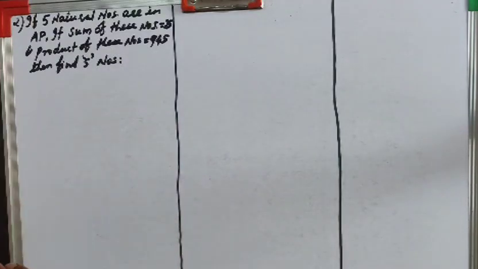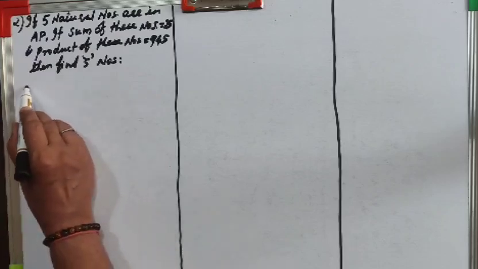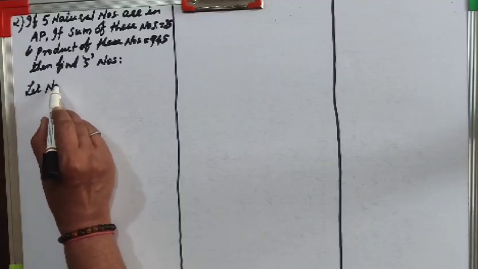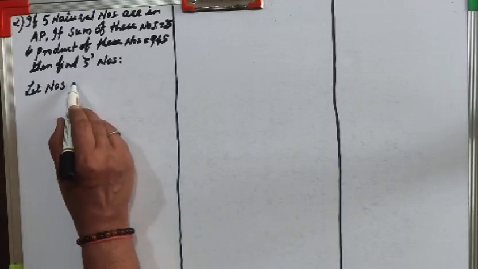Now, in order to solve this question, the first and very important step is considering a correct number. If you consider the correct number, you will be able to solve the question without any complexity, and your question will become very simple and you can easily get the solution. So let us consider all the five numbers which are in AP.